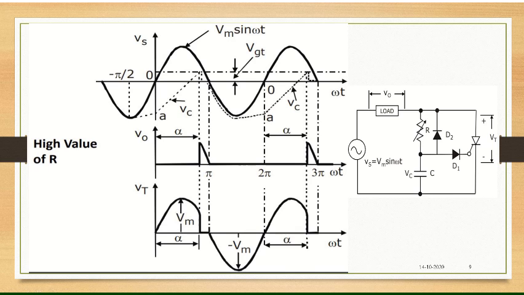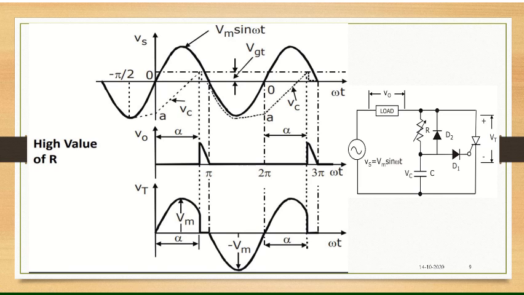That will continue till the capacitor again charges in the negative cycle and charges again during the positive cycle. Then when the voltage across the capacitor reaches VGT, again the SCR will turn on and you can observe the output voltage across the load.